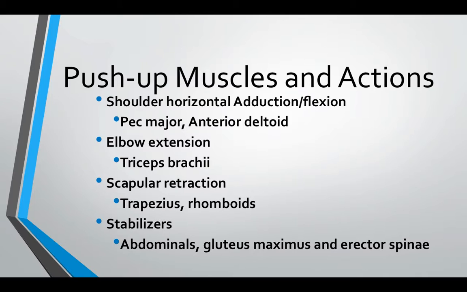That's not just the stomach, but the back, the sides, the erector spinae, which is the lower back, the glutes, everything. This is a full body movement. You have to maintain a proper straight line in order to conduct this movement properly. But the major muscles involved, the primary movers, are the pec and the anterior deltoids. And the triceps will be the secondary because they're allowing for the extension of the elbow.